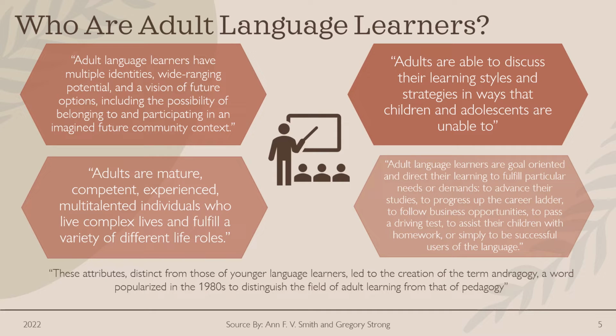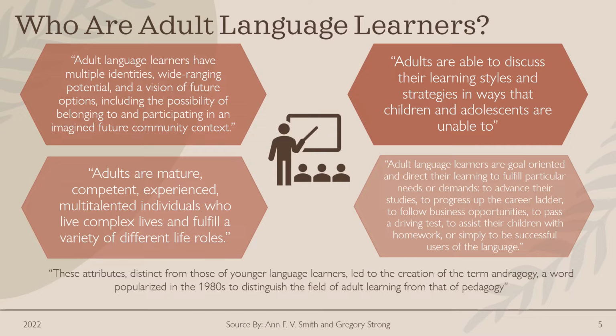Majority, if not all, are in careers or jobs. They have multiple identities. They are parents, they are co-workers, they are members of society. They have multiple identities, which means they have a wide range of potential and they know where they want to be in the future. They have goals and they know their place in a community context.